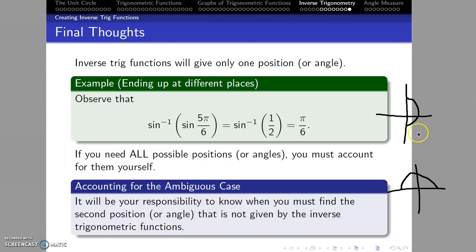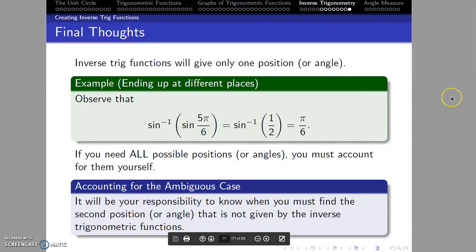Specifically, for arcsine and arctangent, one in this position, and arccosine, one in these, never on the other side. That's okay, because we can use symmetries and we can use old-fashioned logic to deduce where the other position is. Once we come across that issue, and we will this semester, we will figure out how to address it.